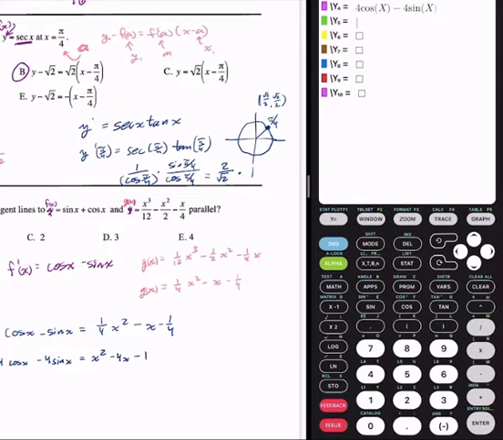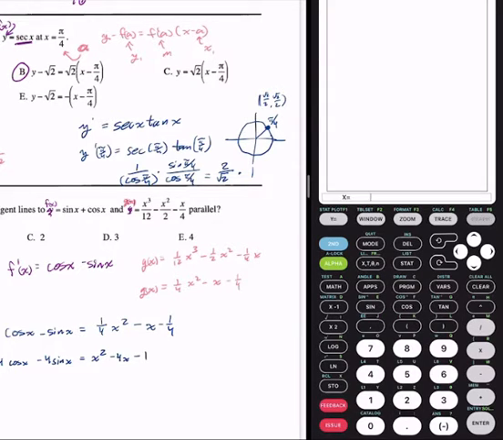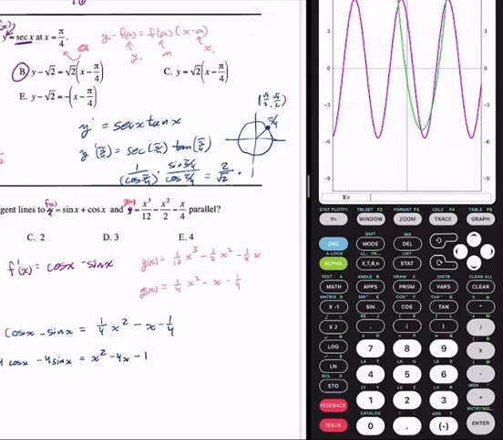And then for our other function, we have x squared minus 4x minus 1. Okay, I hit graph to see what it looks like. And I can see that the parabola intersects the curve at 1, 2, 3, 4 points.